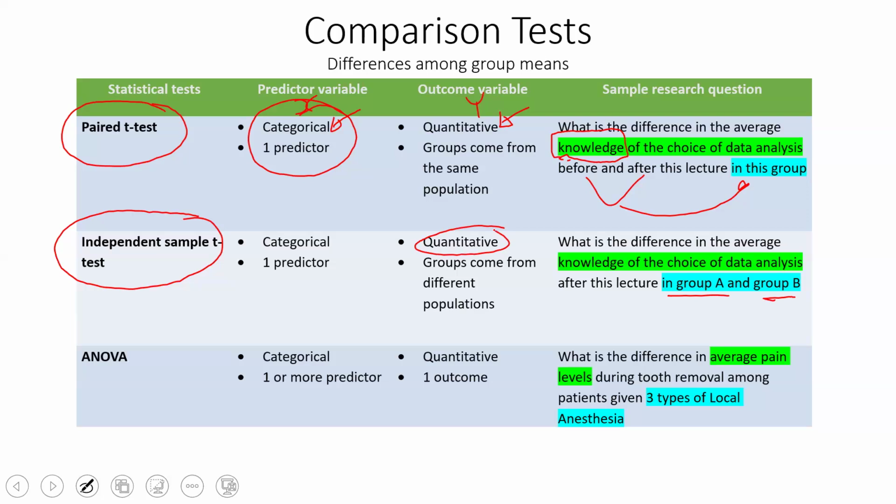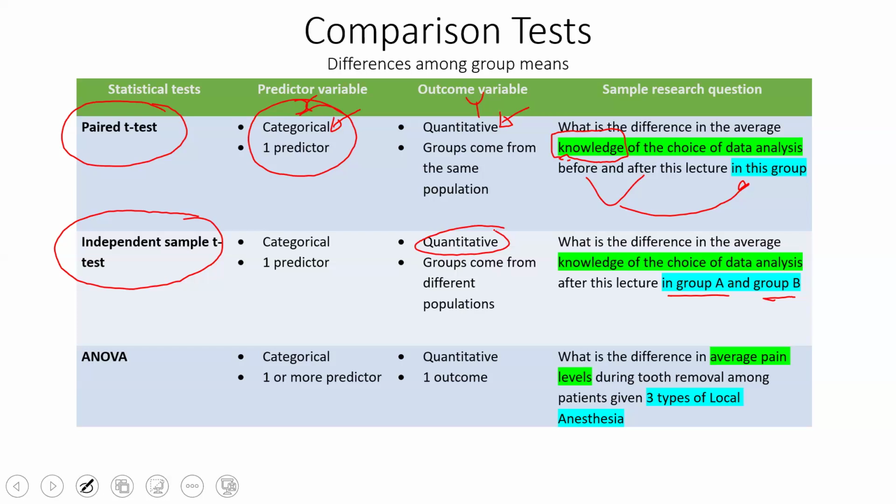And then you as group B that had this lecture, I will give you the same question. So I'm giving them the same question and you are getting the same question. However, in this group B, there was an intervention, and I want to see if my lecture had made any difference. That's an independent sample t-test, because there are two different groups. The two groups can have the same number of participants, but as long as they are different, that is where independent comes in. I hope I'm making some sense.